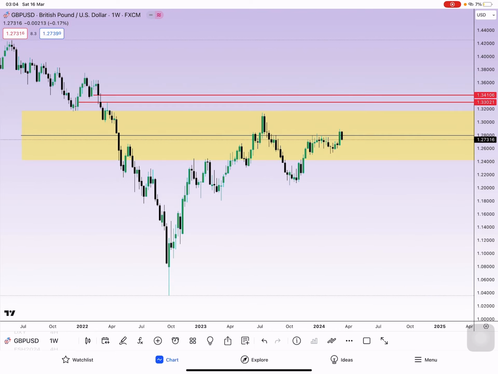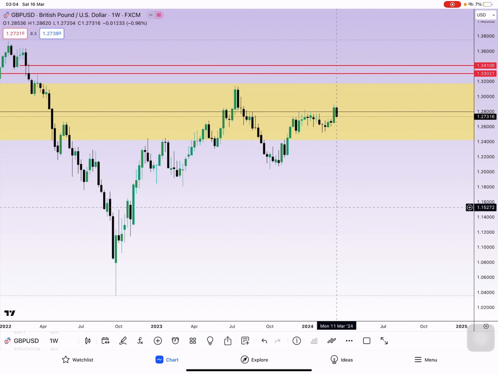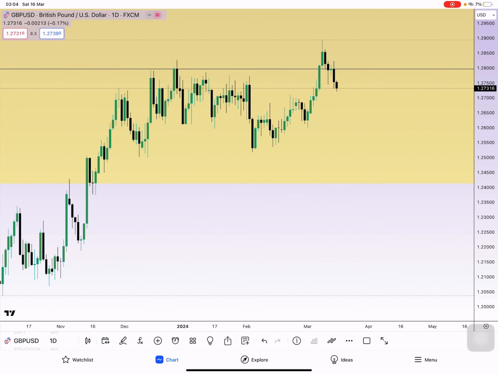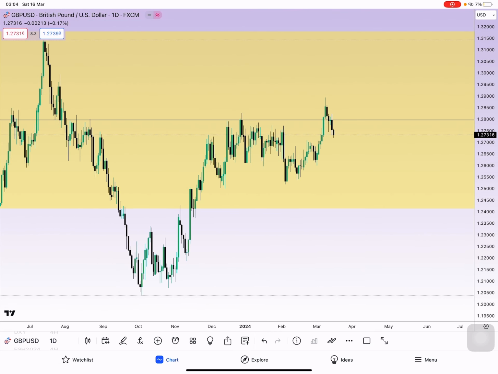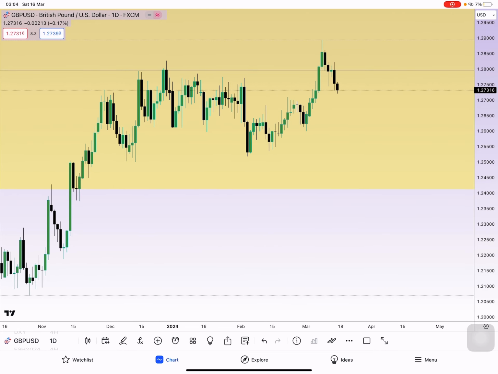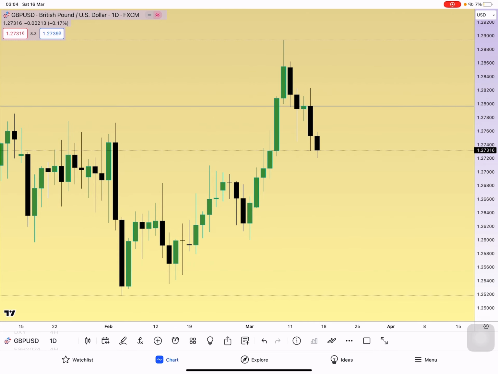Now, the 1 week candle closed slightly above this equilibrium, and this week closed below it, and we are going lower. On the daily time frame it has already started falling.